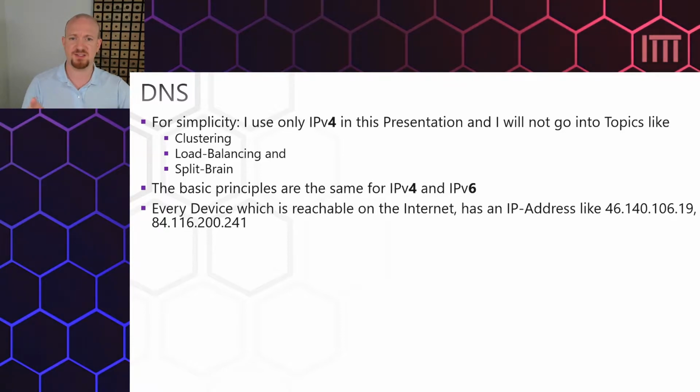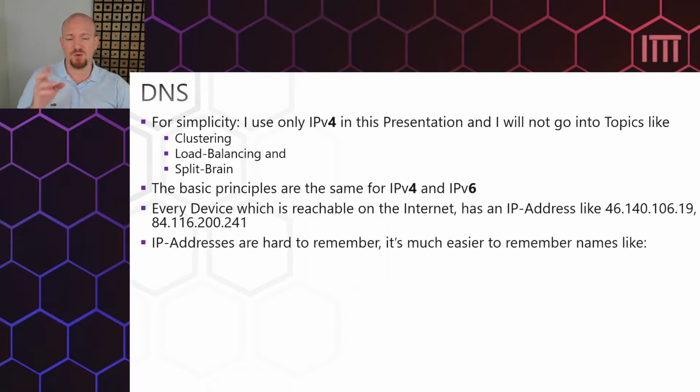Every device which is reachable on the internet has an IP address like 46.140.106.19 or 84.116.200.241. So IP addresses are kind of hard to remember.